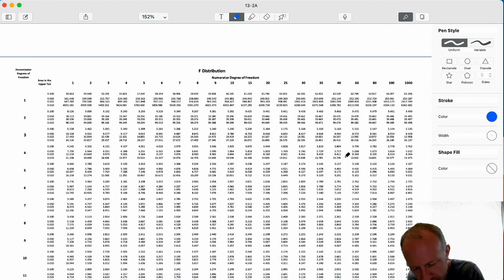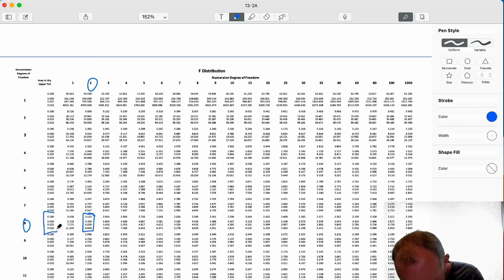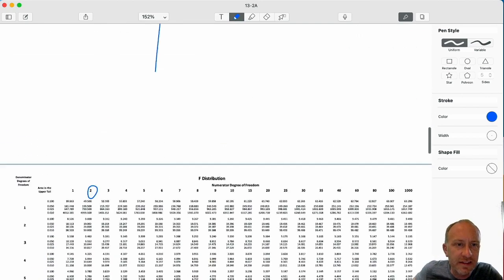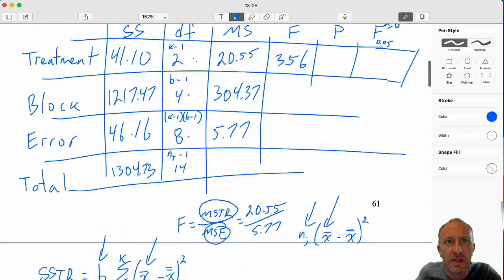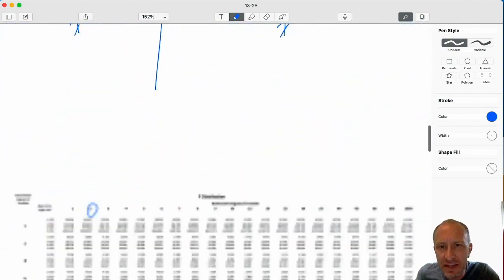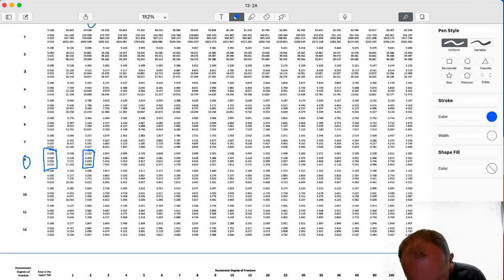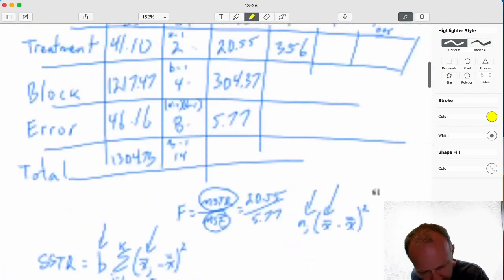So here's 2, here's 8. Here are my numbers of interest. Our test statistic was around 3.56. Well, here's my critical value, 4.46.